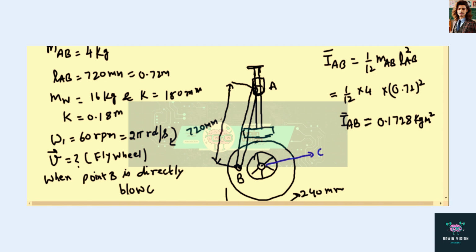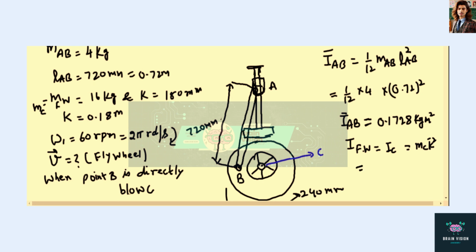Moment of inertia of the flywheel, we are marking FW, or you can also mark IC. So we can write MC into K square.